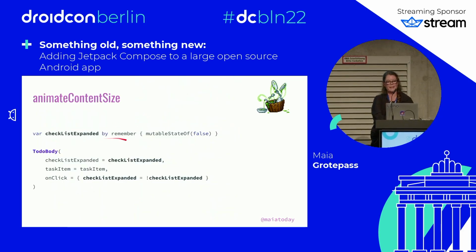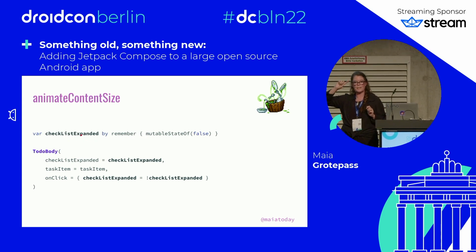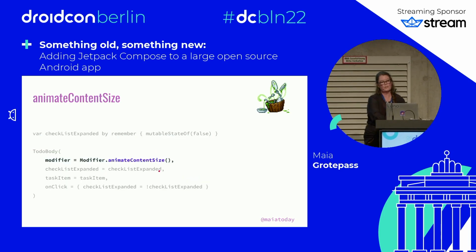So I had a state that knew if that checklist was expanded or not. And that to-do body that we saw earlier, it passes the state in of whether the checklist is expanded or not. And if you click on the little gray box on the side, it would just change the state. So that's the original code. To add animation, all I need to do is to add this animate content size modifier.